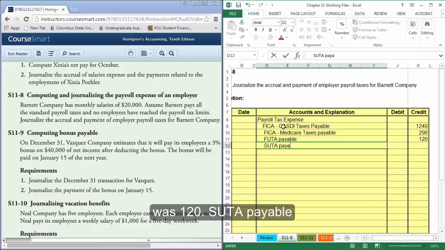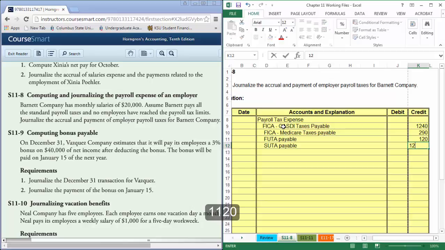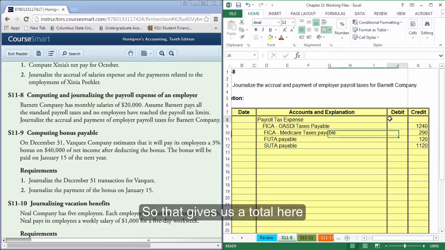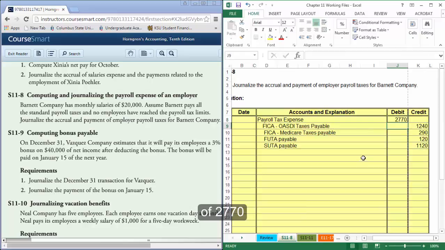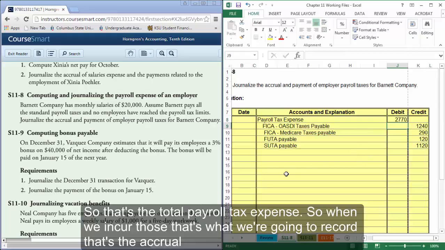SUTA payable was $1,120. So that gives us a total here of $2,770. So that's the total payroll tax expense.